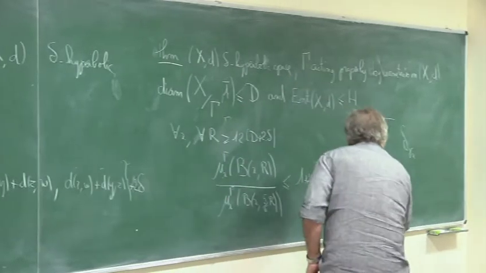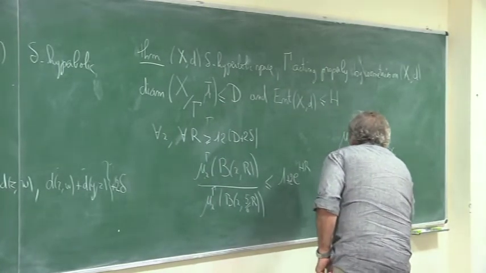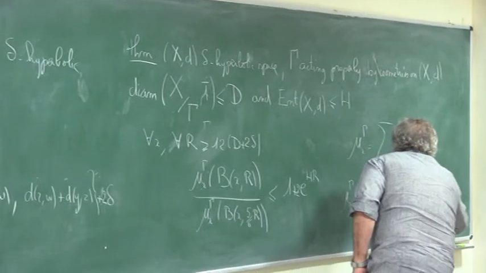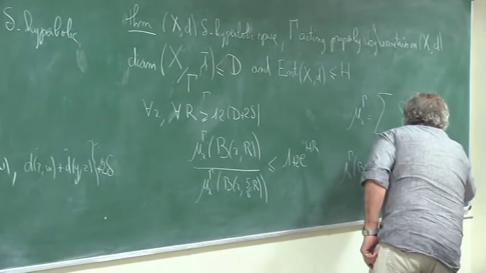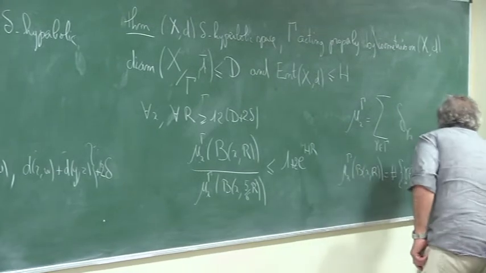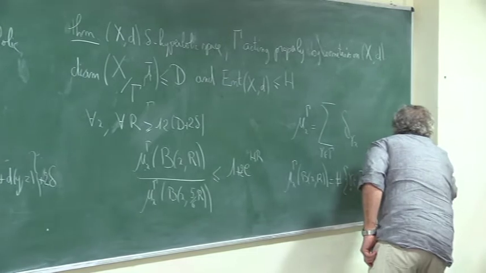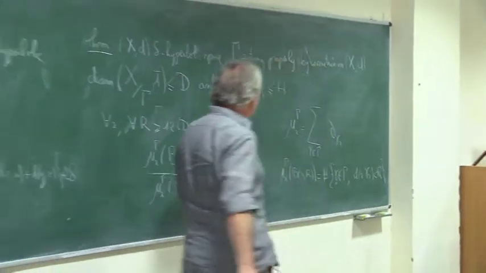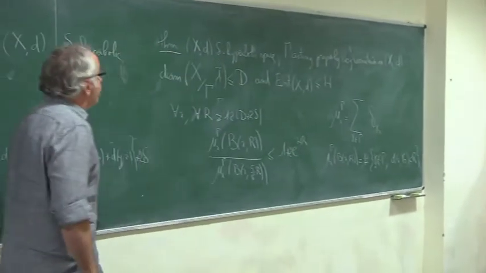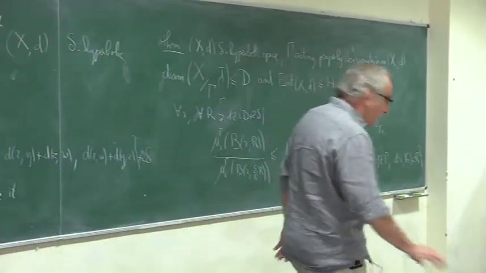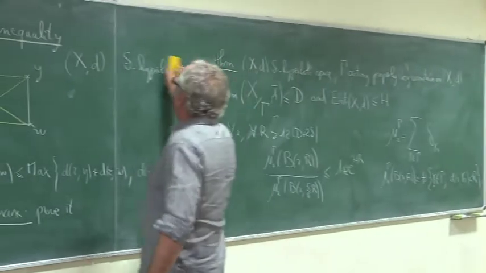Let me write it again to recall what I did yesterday. It is just the number of elements gamma whose displacement at x is less than r. This is what it is. What is the measure of this ball?